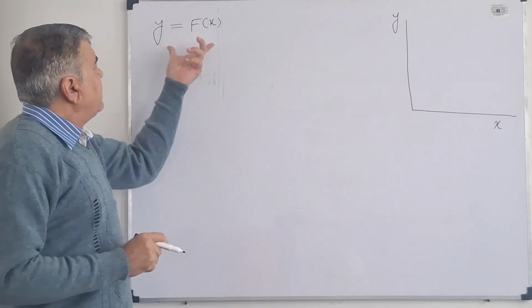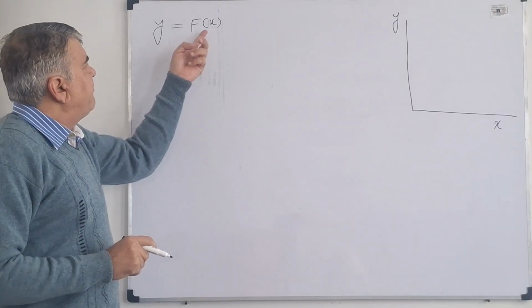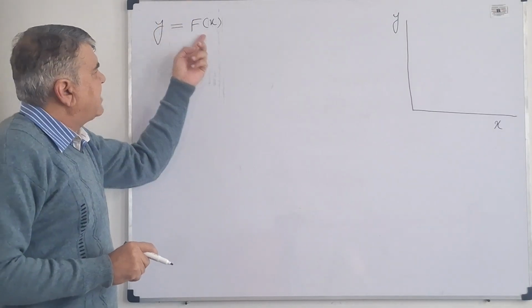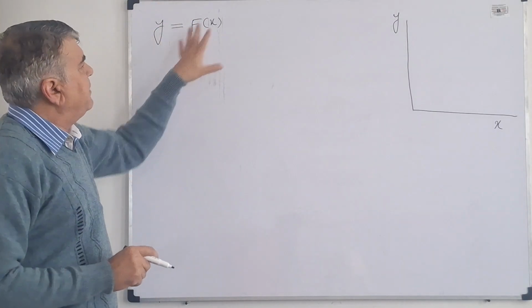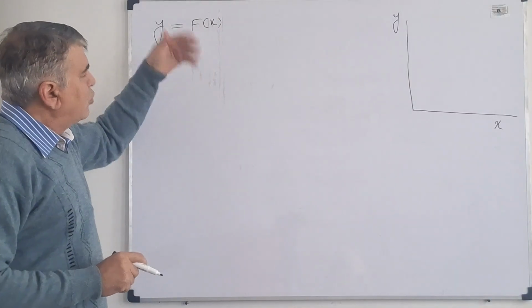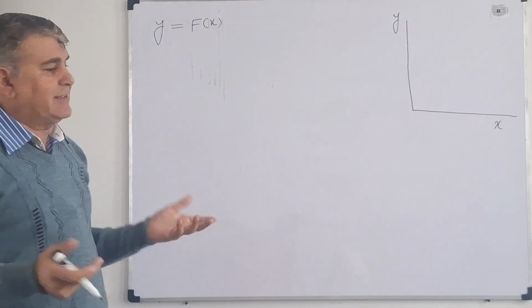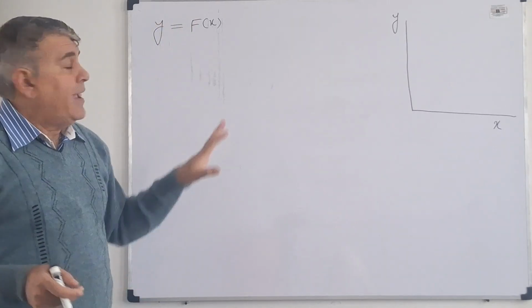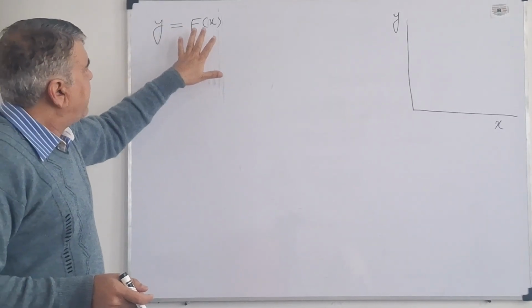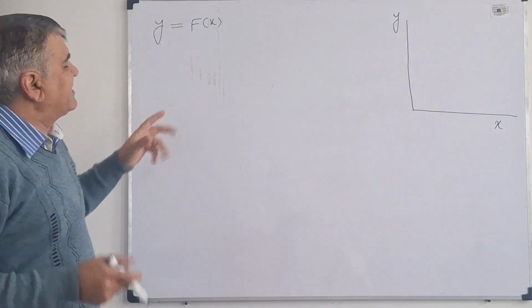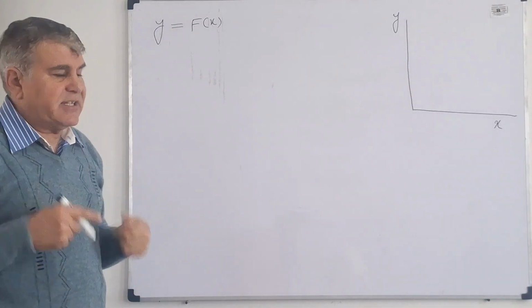So we don't need to worry about the form of this function. It could be exponential, logarithmic, or any combination of those functions. For now, only the geometry of this function is sufficient to explain the concept of derivative.